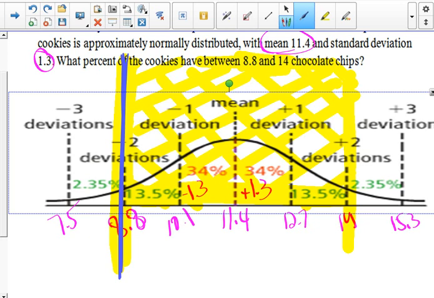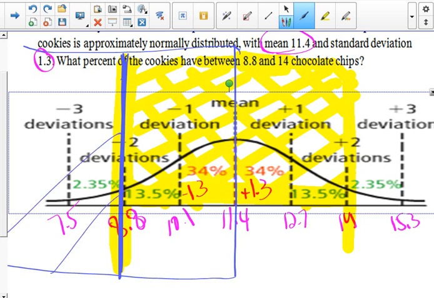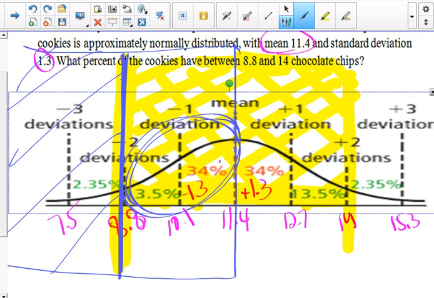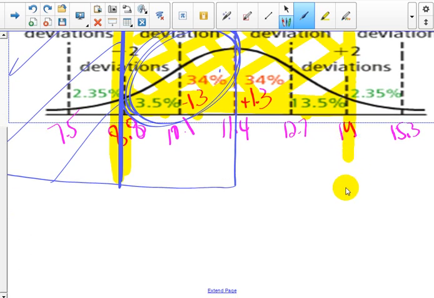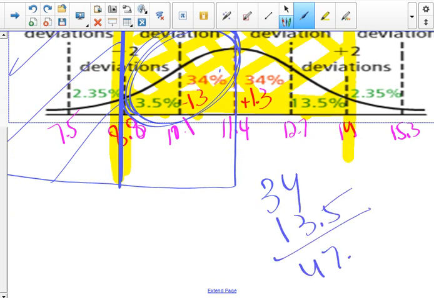This is the one where we're going to have to take the 50%, and we know it's going to be all of this. So we take 50 minus this, 34 plus 13.5. 34 plus 13.5 is 47.5.